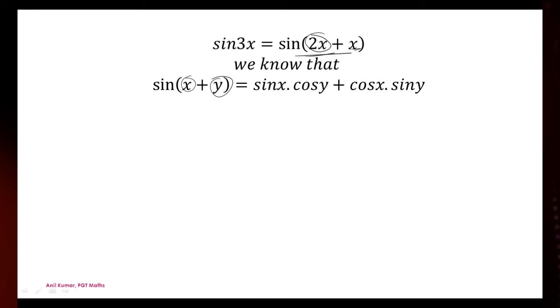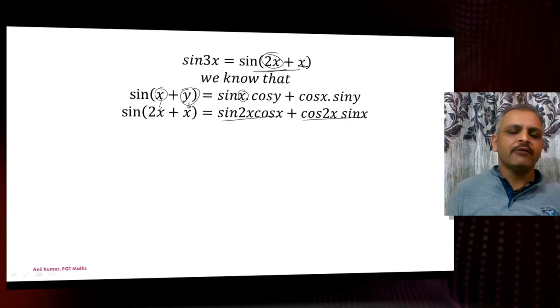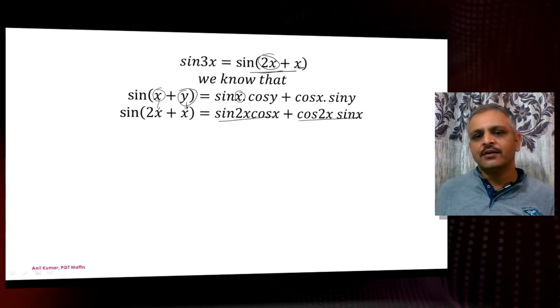So sin 3x will become sin 2x plus x, sin 2x cos x plus cos 2x sin x. So what I did here, instead of x, write 2x; your first term will become 2x, and the second angle is, instead of y, write x. So sin 2x cos x plus cos 2x sin x. But I want all the terms in terms of sine, so I will use the sin 2x and cos 2x identities in terms of sine.